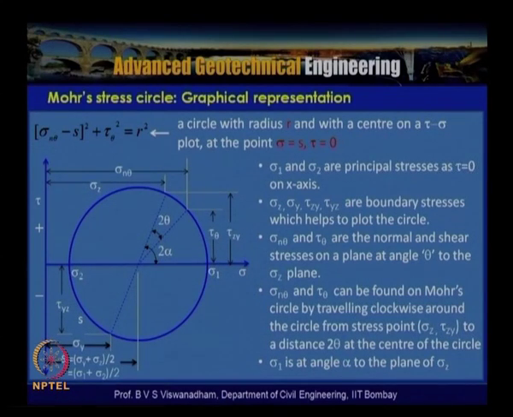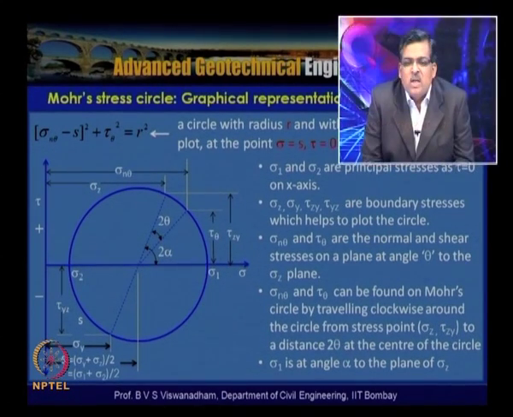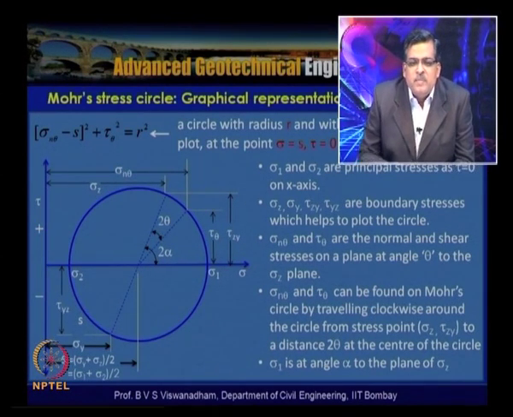Sigma n theta and tau theta can be found on the Mohr circle by travelling clockwise around the circle from the stress point through a distance 2 theta at the center of the circle, and sigma 1 is at an angle alpha to the plane of sigma z.